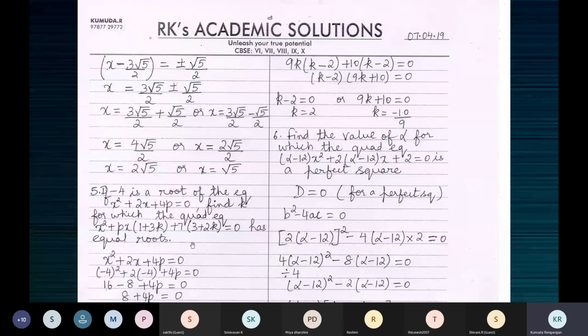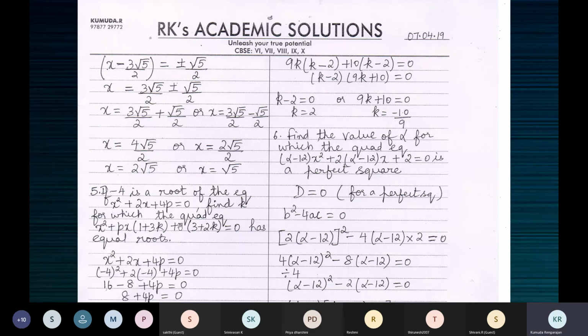I'm talking about question number 5. In question number 5, x square is not influenced by the value of k because x square is independent. There is no k element in x square. We found k is 2, k is minus 10 by 9. But k does not have any impact on x square because x square is not attached to k at all.